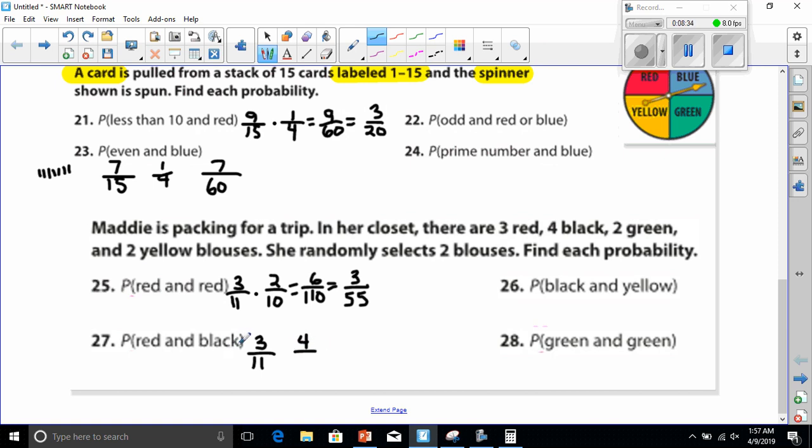But there is 1 less blouse in there since we took a red one out. That's going to be 10. 3 times 4 is 12. And 11 times 10 is 110. If we divide both of these by 2, we get 6 over 55.